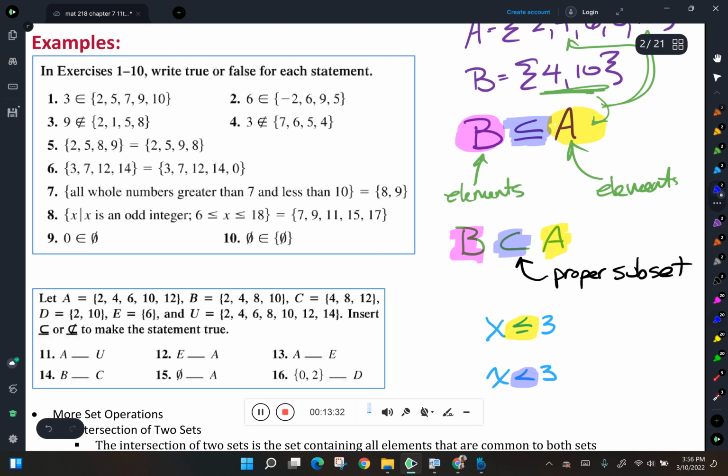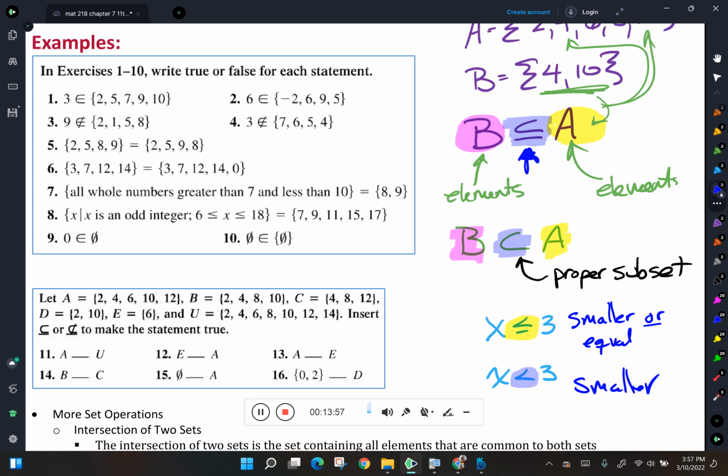Okay? That first notation is smaller or equal, and the second one is just smaller. Same idea here. This first one up top, a subset notation, because of that line under it, gives the possibility that B and A could be the same set.